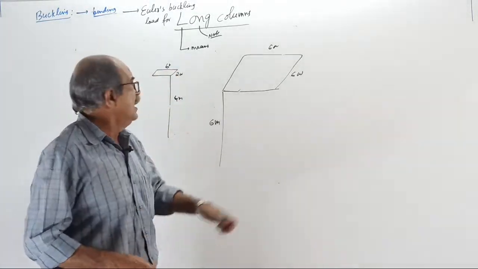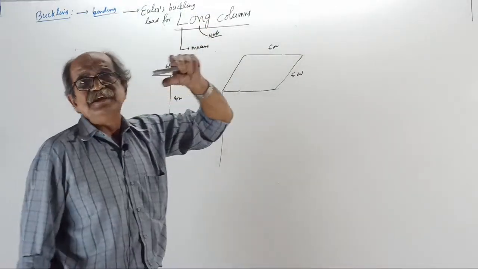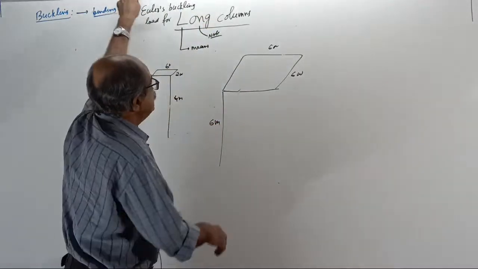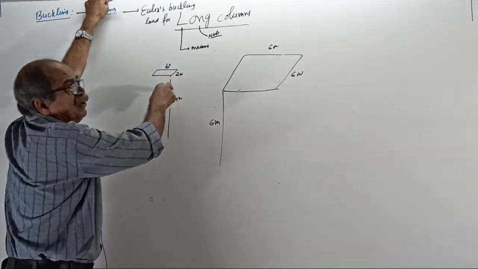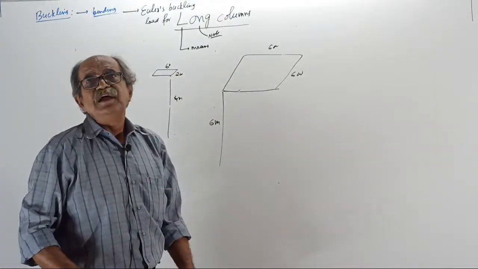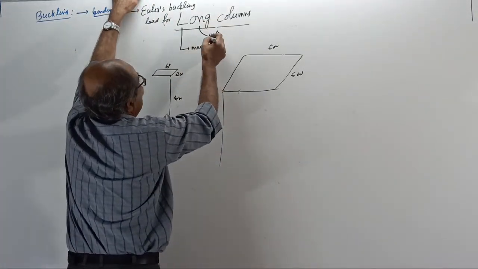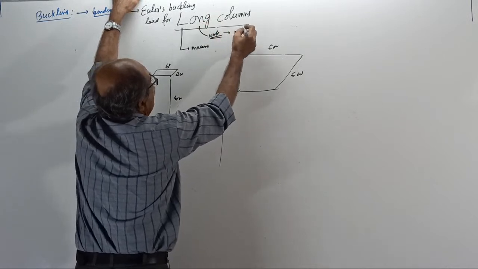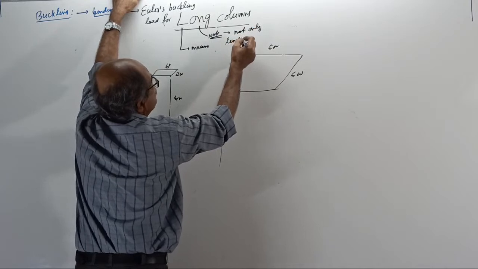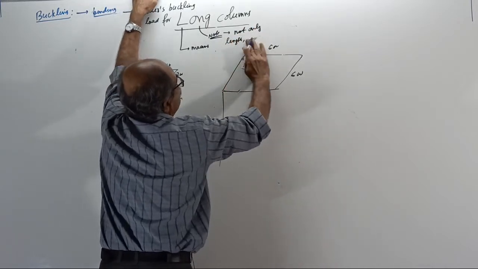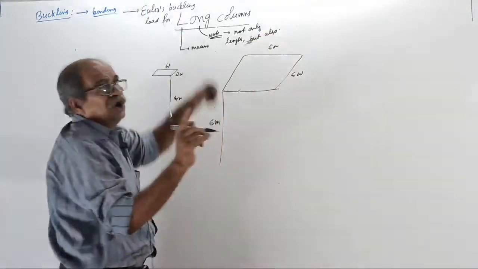Here, length by lateral side is 10 in the first case. In the second, length is smaller, but because of the weakness of the side, the ratio is higher. So make a note: when you define long, it is not only length that is considered.